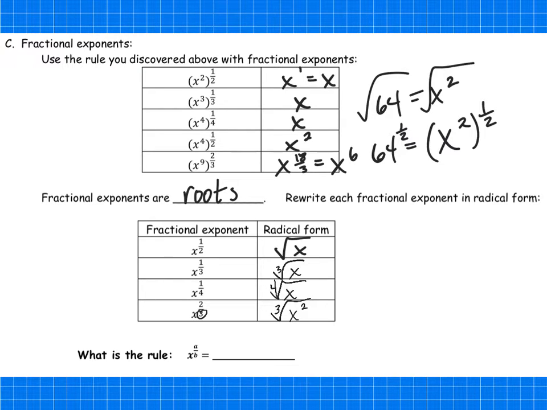So these first three are all x to the 1st, which is shown here, here, and here. And then this part goes there. So that's actually the 2nd root, which is the square root. So that goes there, that goes there. So x to the a over b is the b root of x to the a.